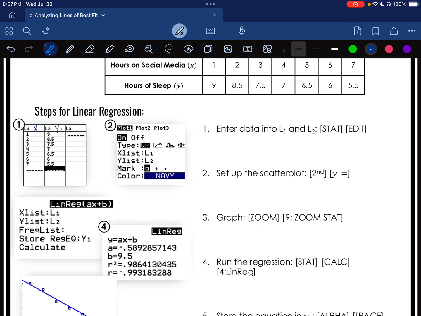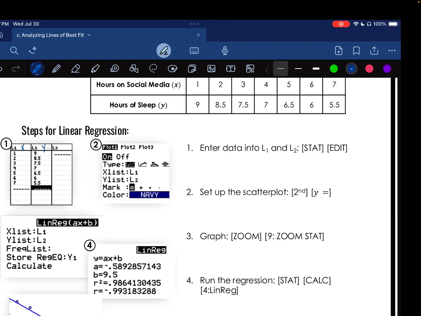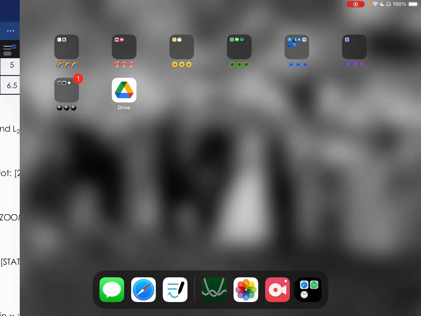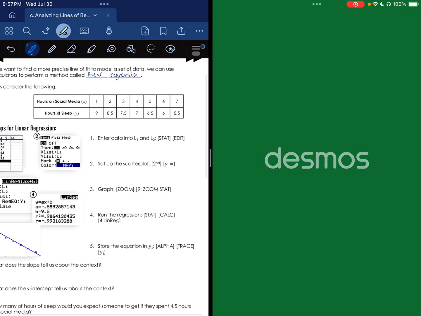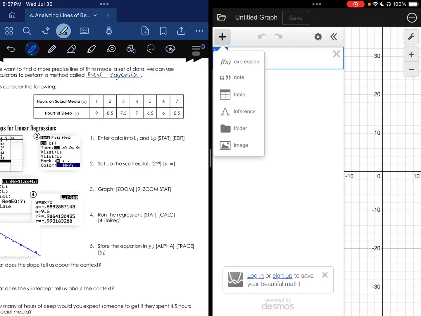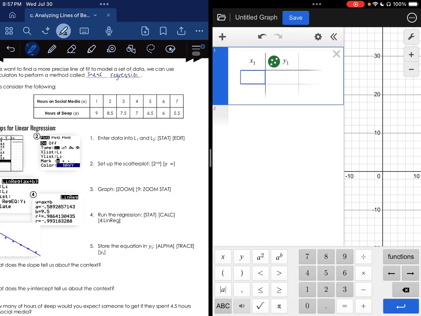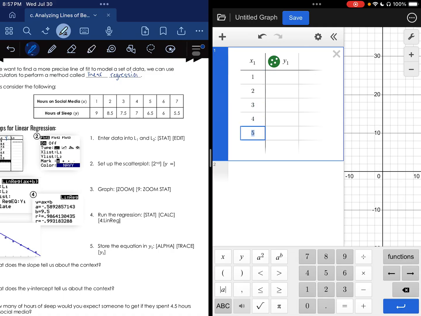So I'm going to show you what that looks like to put that data into Desmos because it'll be different. I'm going to click this plus sign here, and I'm going to add a table, and it's automatically going to say X and Y. Then I'm going to start with 1, enter, 2, enter, and then it's going to start predicting what I want, since I just went with 1, 2, 3, 4, 5, 6, 7.